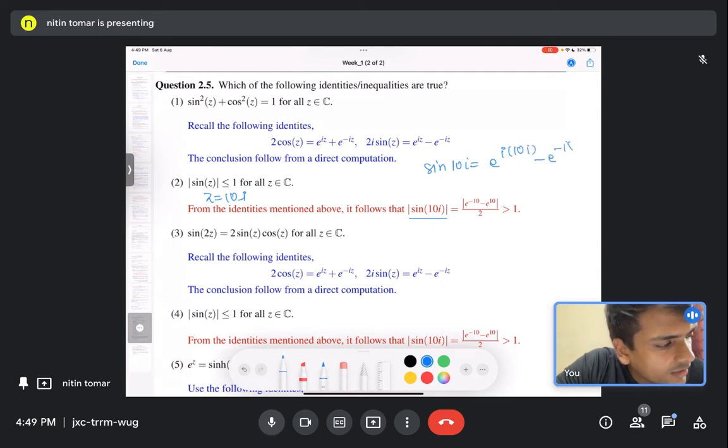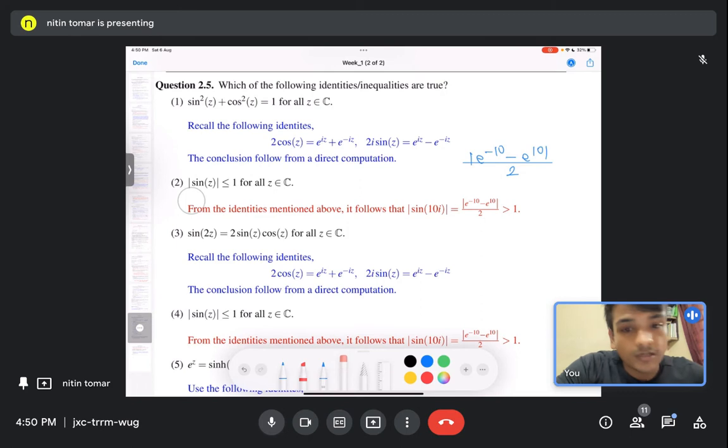When you do the calculation, mod of sine 10 iota is equal to (e to the minus 10 minus e to the power 10) by 2 in modulus. Using a calculator or simple algebra, you can prove that this is greater than 1. So you have a counterexample in your hand, and this statement is false.